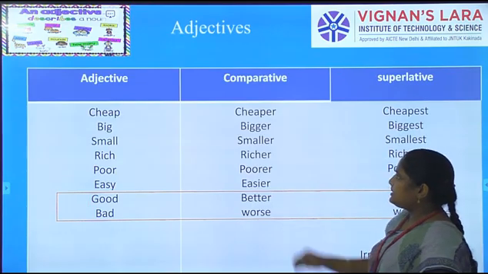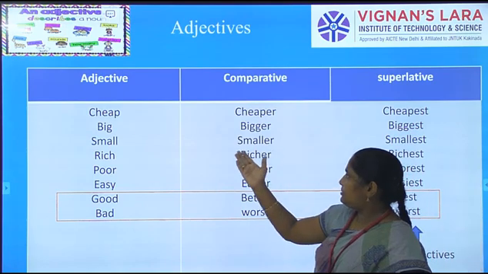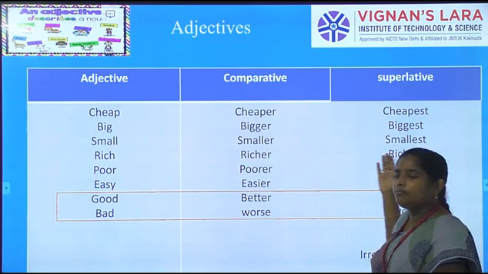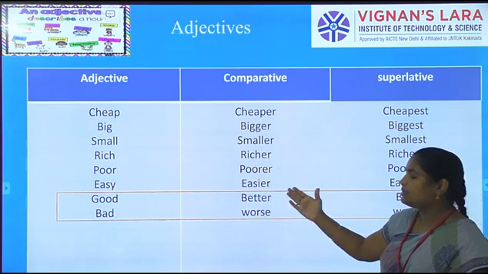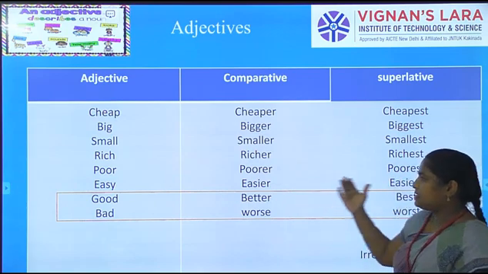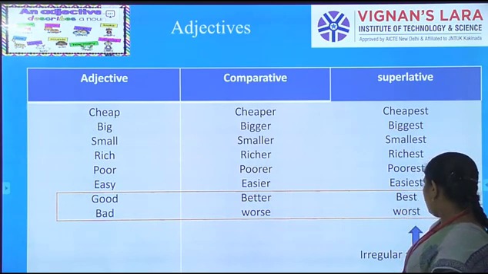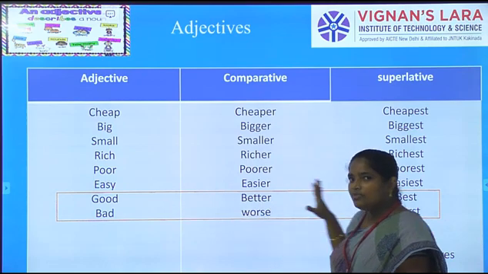Coming to the adjective comparative and superlative forms: cheap, cheaper, cheapest; big, bigger, biggest; small, smaller, smallest; poor, poorer, poorest; easy, easier, easiest. Irregular adjectives are not good, gooder, goodest.